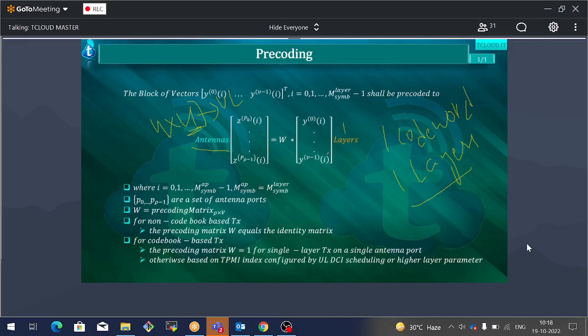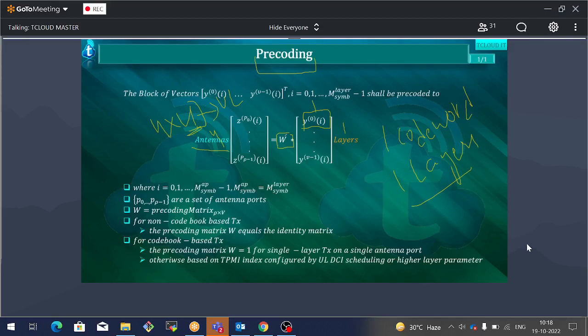So the obvious way of doing the pre-coding is by simply taking the one layer, you have to use the matrix in such a way that the split must happen for 4 antennas. Even if you are transmitting it with 4 antennas in uplink, maybe to form a beam, you are doing that.